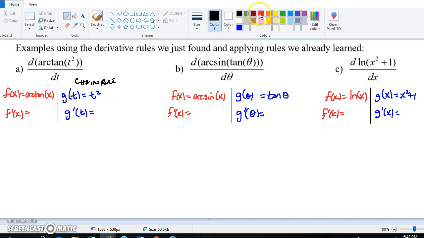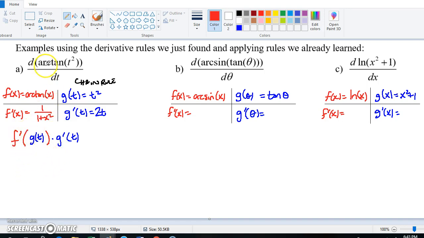Okay, so remember the chain rule says we take the derivative of the outer function composed with the inner function times the derivative of the inner function. Okay, so I need my derivatives. The derivative of the inner function is 2t. The derivative of arctan is 1 over 1 plus x squared.